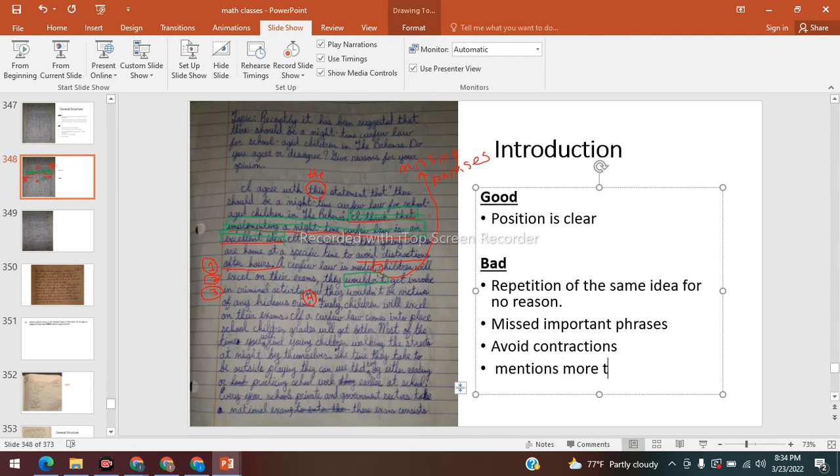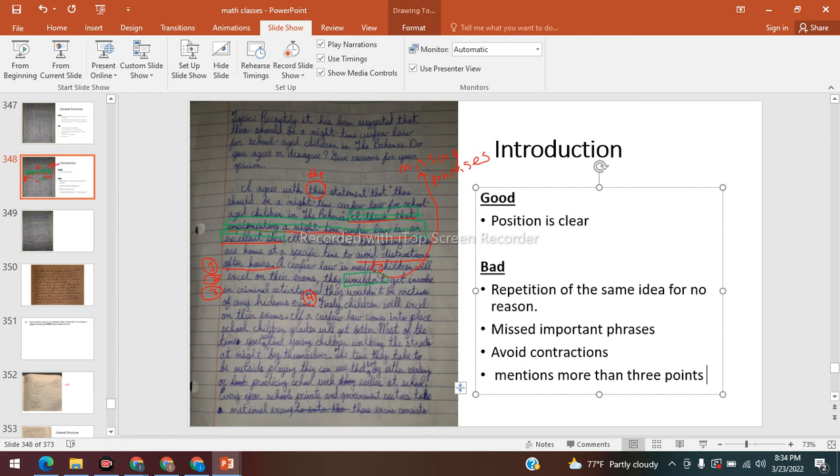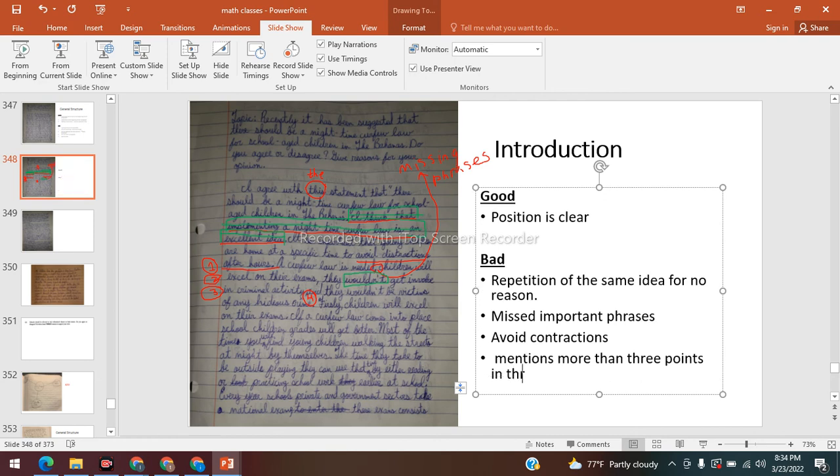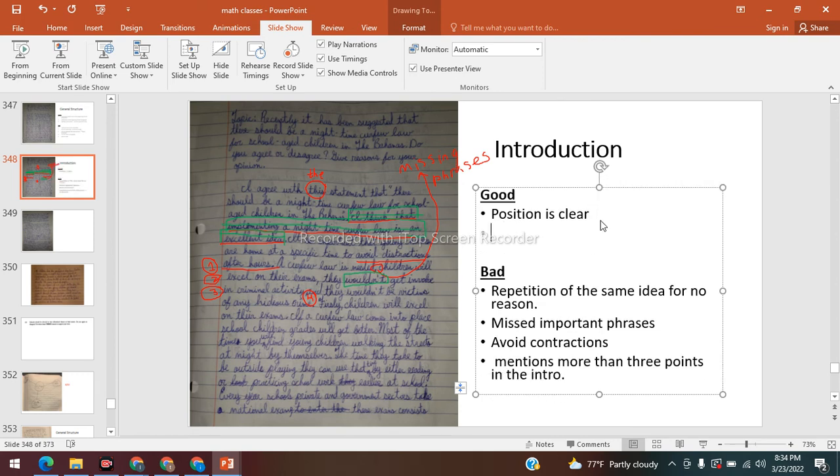A good one could be they have their three reasons. Okay, at least they have three. Okay, I like that. Three, at least three reasons of why. This is Petit.